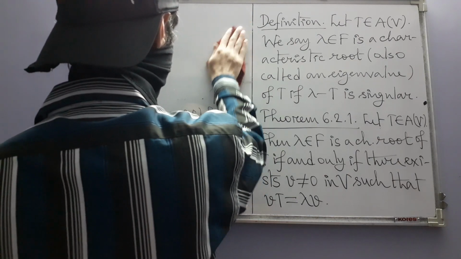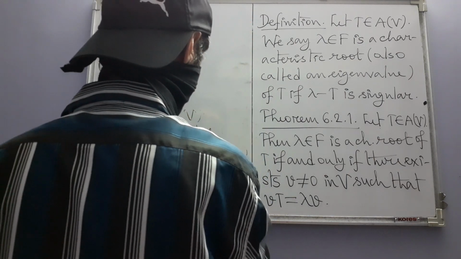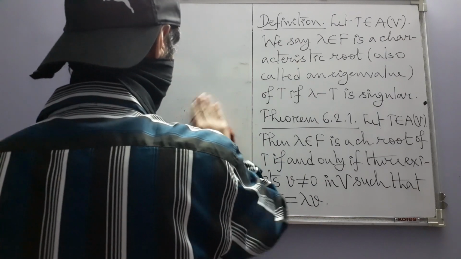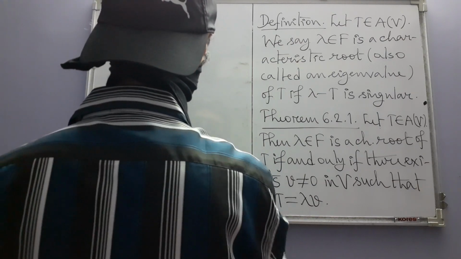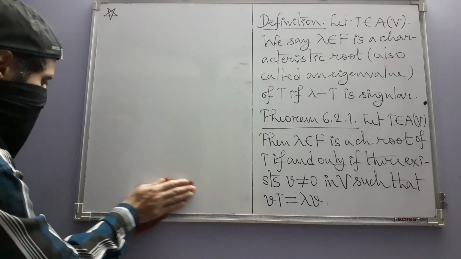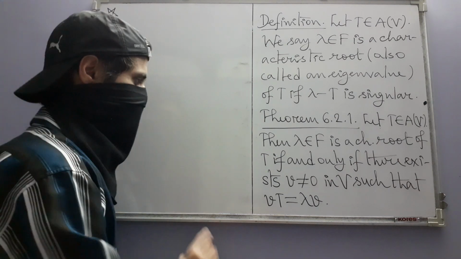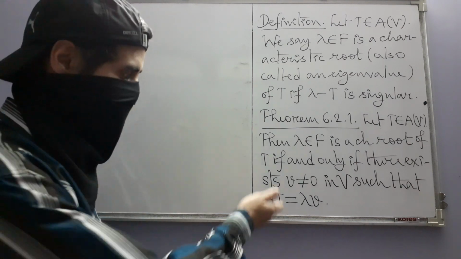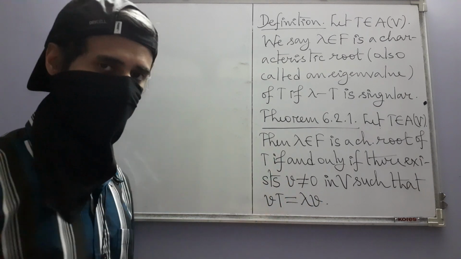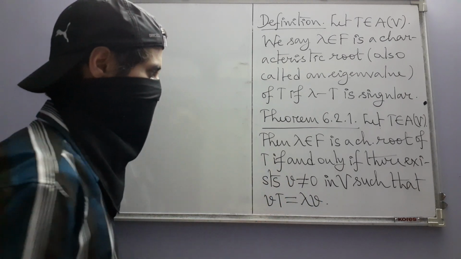Our definition of characteristic root or eigenvalue, however, is via singularity of a linear operator. But now we will show that it's equivalent to the availability of such a vector.